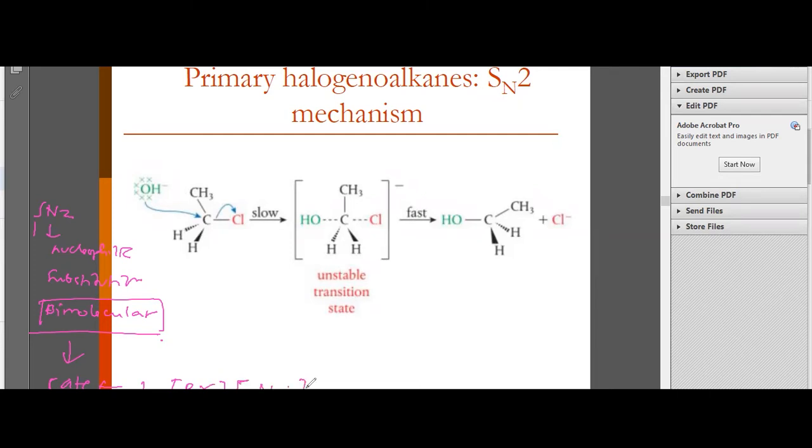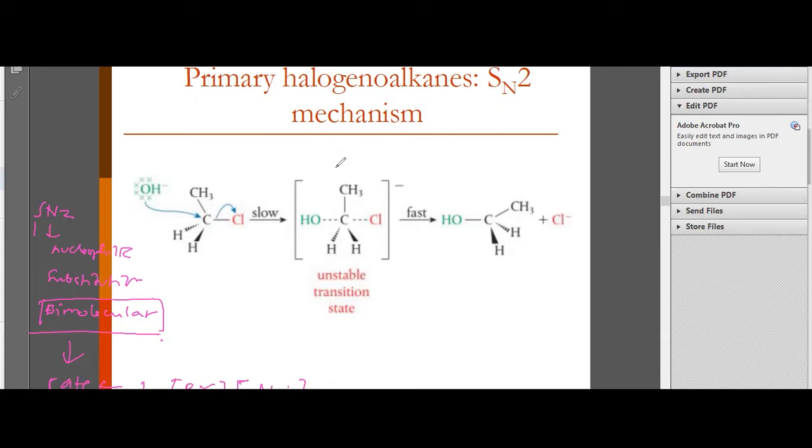This is called bimolecular due to two molecules affecting the rate of reaction. That means the halogenoalkane and the nucleophile both affect the rate. If you change the concentration of the nucleophile, for example, the rate will be affected. If you change the concentration of RX, the halogenoalkane, the rate will be affected as well. So that's why this is called nucleophilic substitution bimolecular.